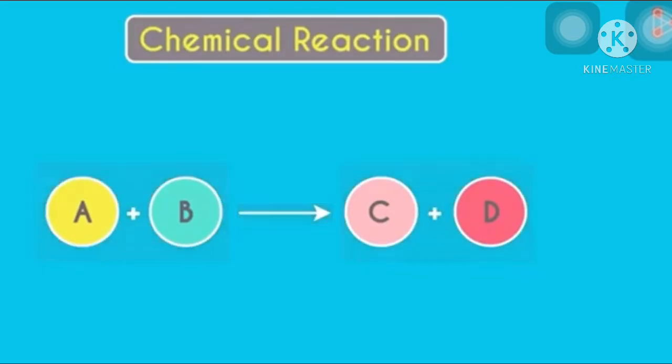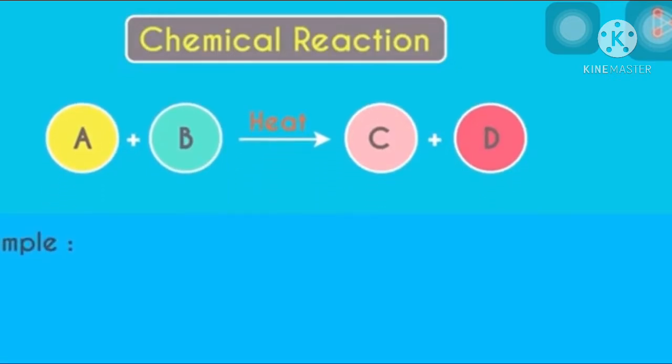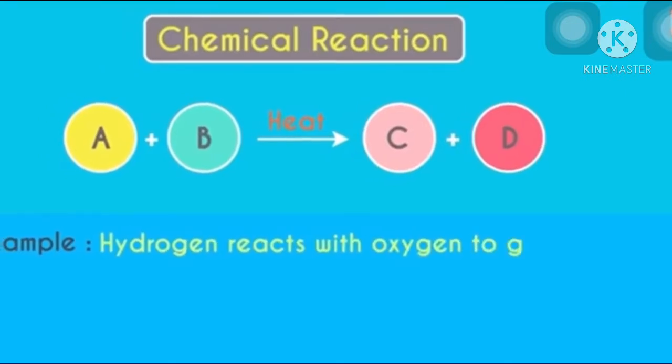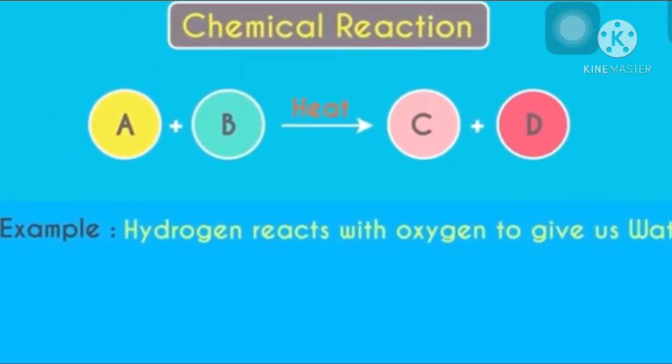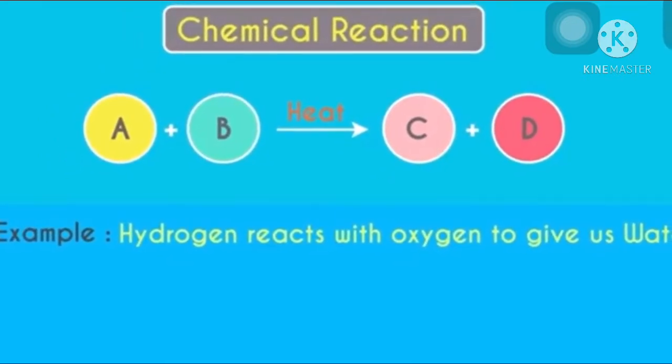In a chemical reaction, the reactants are written on the left hand side and the products are written on the right hand side. If there is any condition for the reaction, for example, if there is a requirement of heat, that can be written at the top of the arrow. Now look at an example of a chemical reaction, like hydrogen reacts with oxygen to give us water.